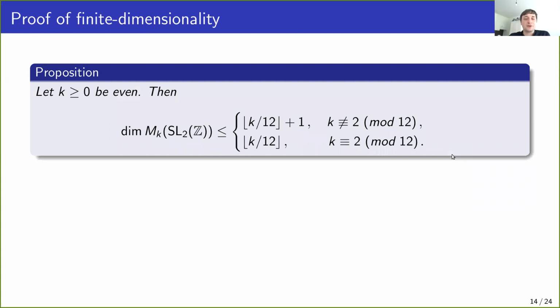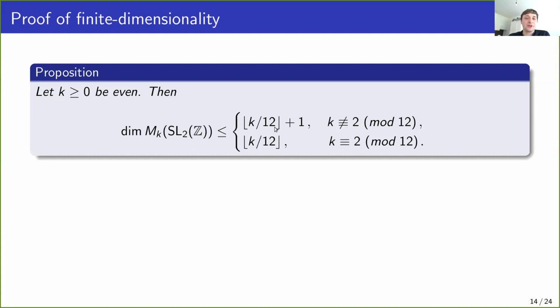So I was going to prove that the space of modular forms of weight k is finite dimensional, but actually the proof gives you an upper bound, which depends on the residue of k modulo 12. And the proof is very easy.